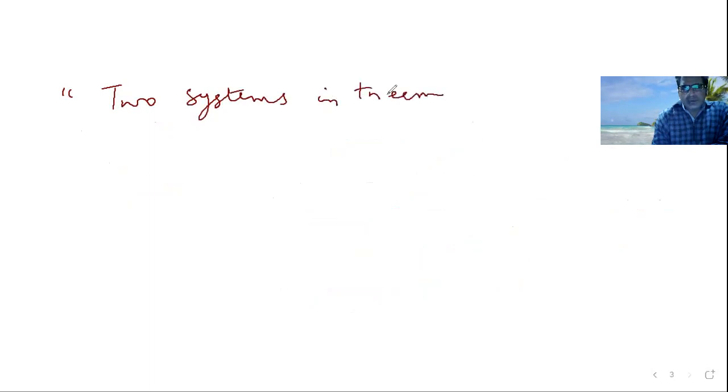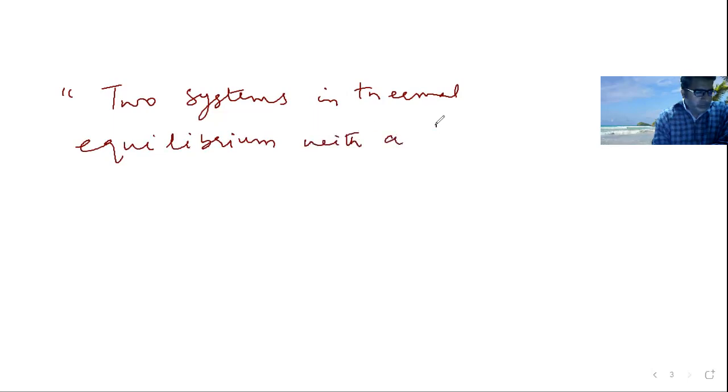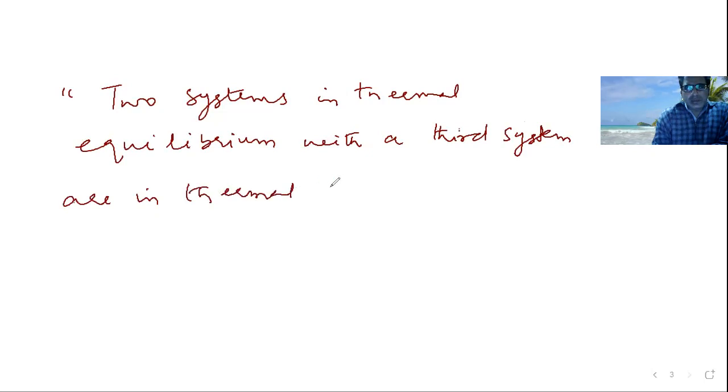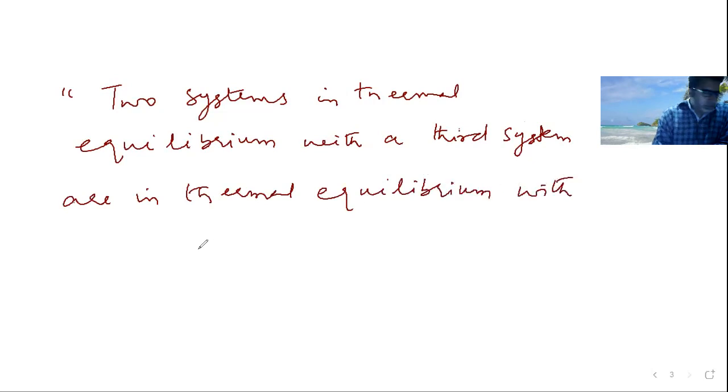Statement of Zeroth Law of Thermodynamics is: two systems in thermal equilibrium with a third system are in thermal equilibrium with each other.